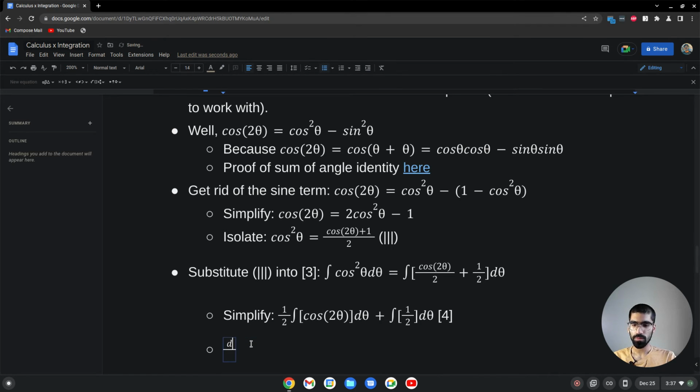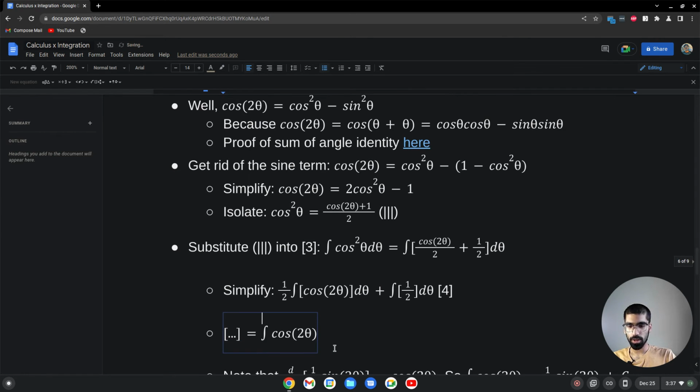So let's say I want the integral of cosine of 2 theta. Well, if I take the derivative of something and it leads to cosine of 2 theta, then if I integrate on both sides, on the left side I just cancel out the derivative, and on the right side I have the integral, which is what I'm looking for.